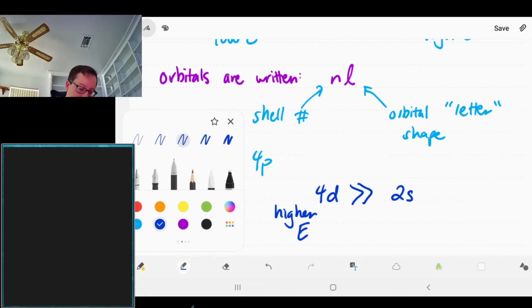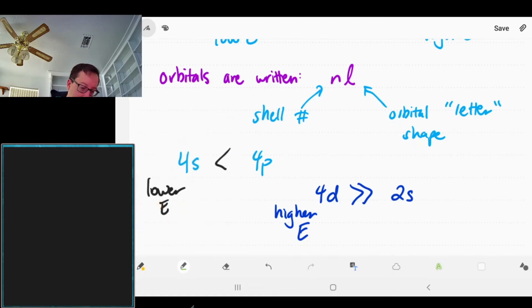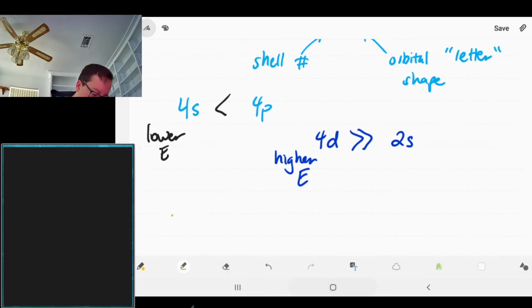Things get a little tricky when we're saying something like this, where we know d orbitals are higher energy than p orbitals, but the fourth shell is higher energy than the third one. And so this is not obvious.